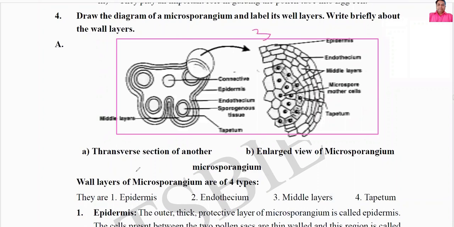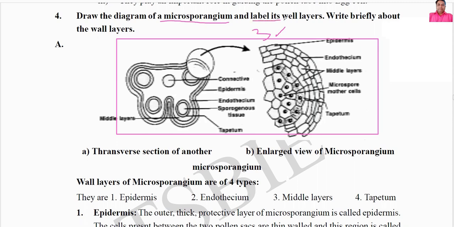So practice the diagram well, and you must draw the diagram and get 3 marks. For the matter 5 marks. Total 5 plus 3, 8 marks. So the question is, draw the diagram of microsporangium, that is pollen grain.